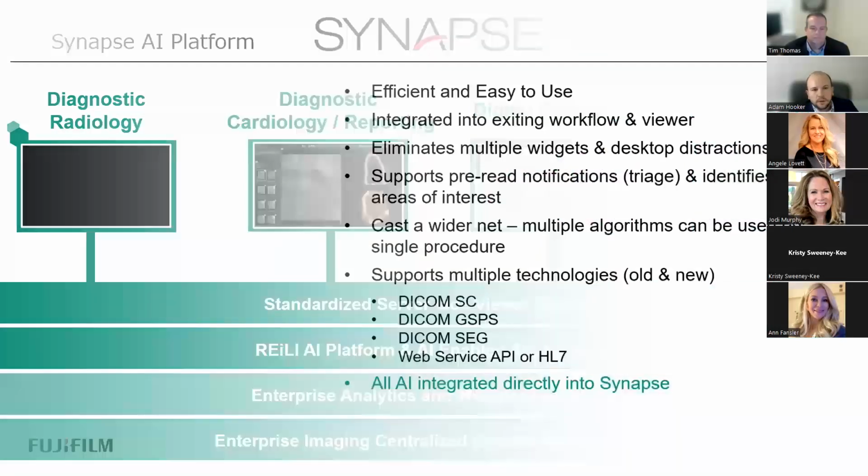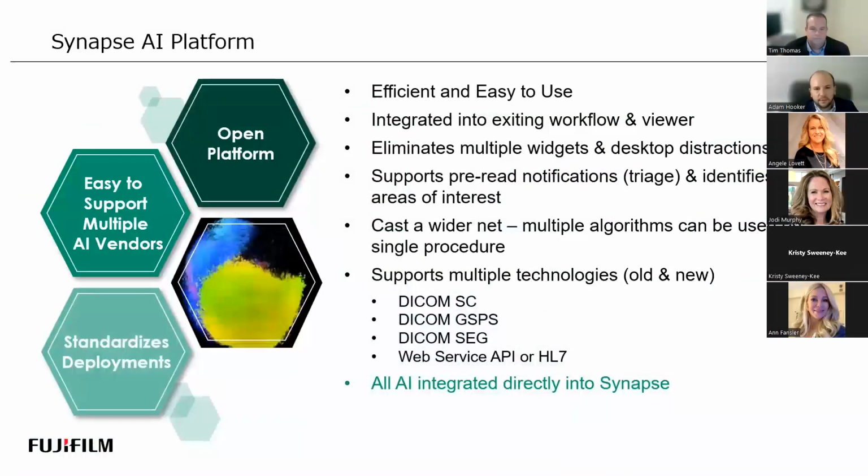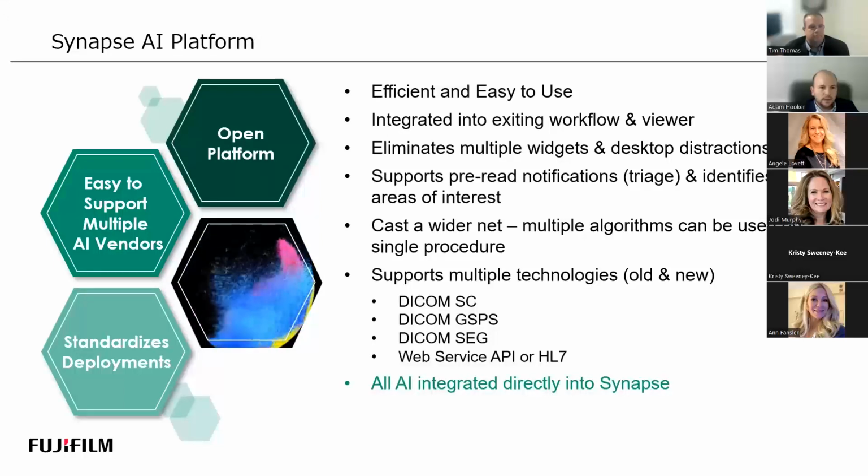When we really focus on what the Synapse AI platform can offer, it really goes around its efficiency and ease of use. Given that it's an open platform, it allows us to integrate into existing workflows in the viewer. It eliminates the requirement that you have to support multiple different AI vendor applications separately on your workstation.